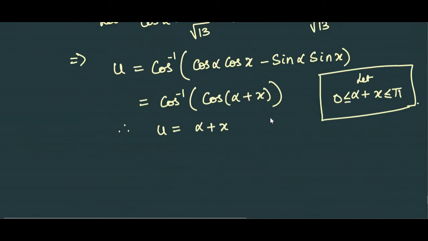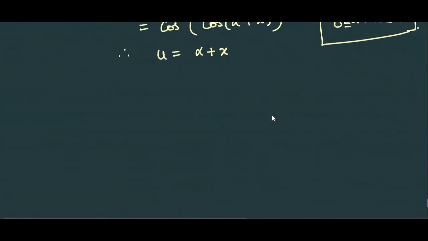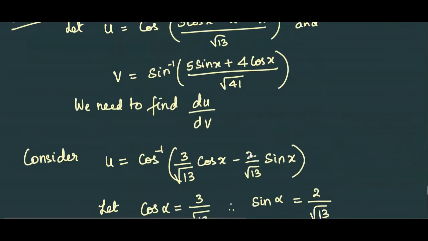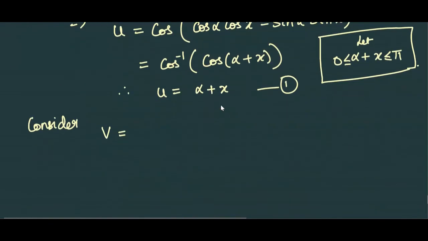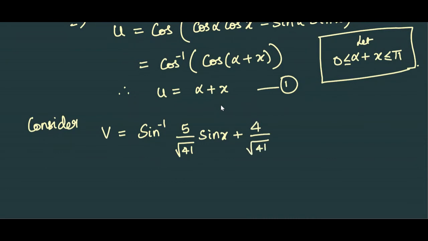Now let us consider v. This is 1. Consider v. Now v is given by sin inverse of 5 by root 41 sin x plus 4 by root 41 cos x.